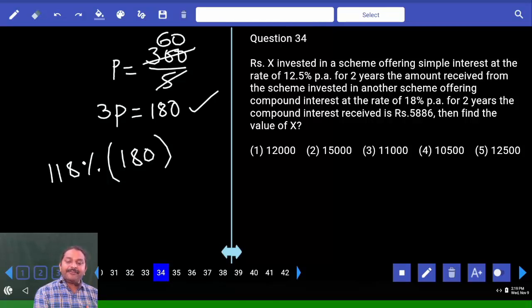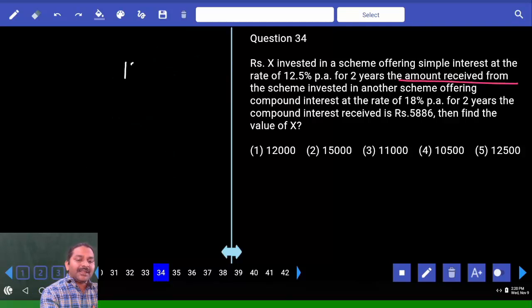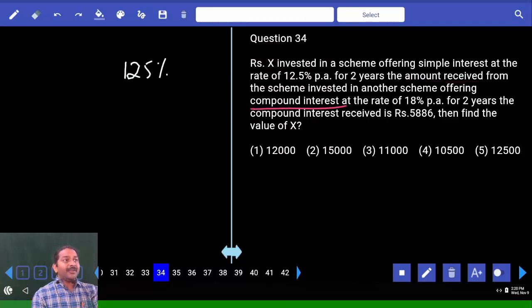The amount received from the scheme is invested in another scheme which offers compound interest at the rate of 18% per annum for 2 years. Compound interest received is 5,886. Find the value of X. With simple interest at 12.5% per annum for 2 years, how much interest do we get? 25%. Already the principal is treated as 100%. Interest we are getting is 25%. Then how much amount will we receive? 125%.